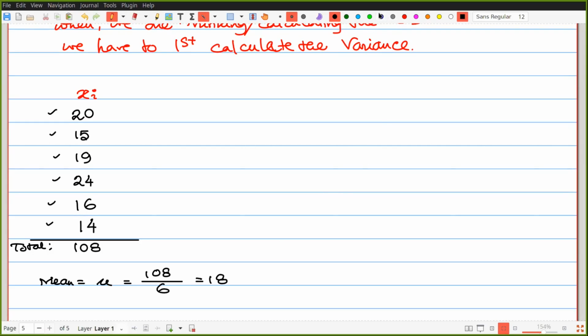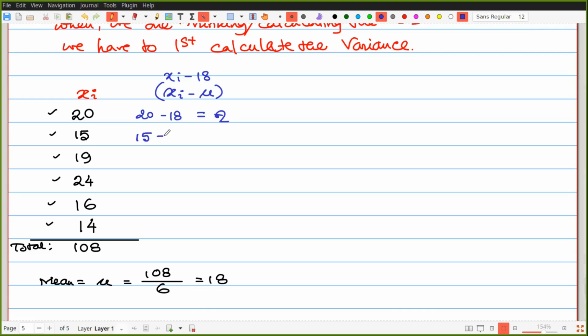So what should be our next column? The next column would be xi minus mu, that means each item's deviation from the mean. First of all, 20 minus 18, that is 2.